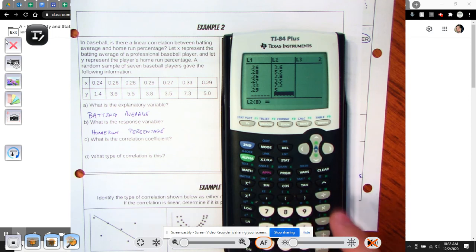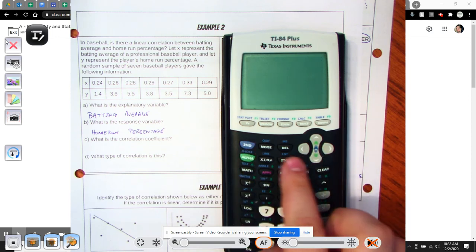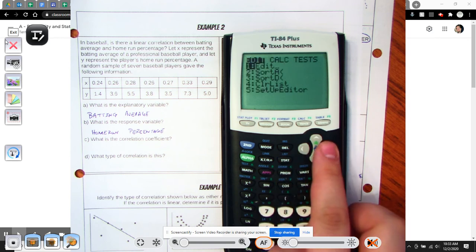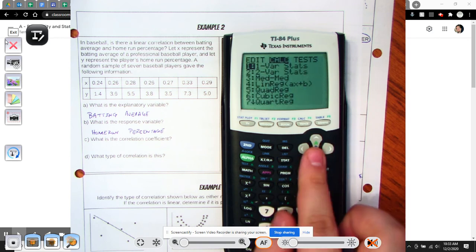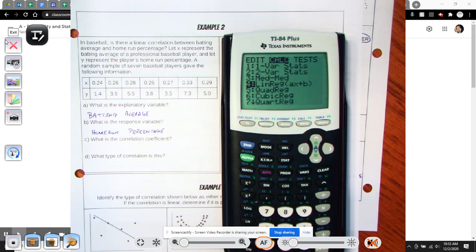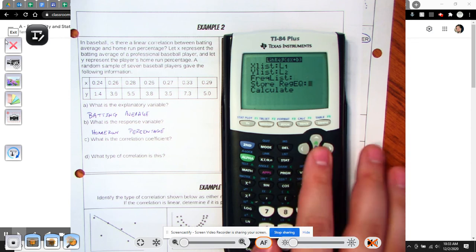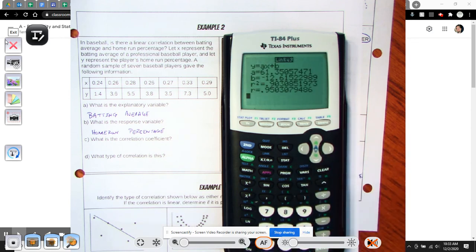Then it said hit second mode. I'm going to hit stat, move over to calc. I'm going to move down to number 4 where it says lin reg ax plus b. Enter. Go down to calc and hit enter. Okay.